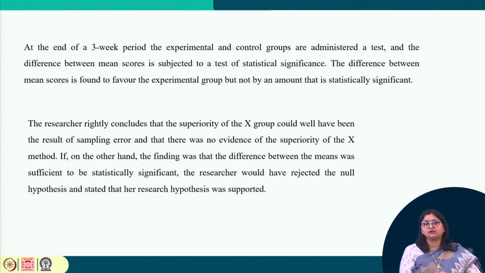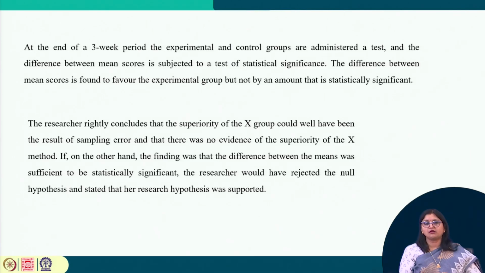The difference between the mean scores is found to favor the experimental group, but not by an amount that is statistically significant. What does this mean? It means that the researcher rightly concludes that the superiority of the X group could well have been the result of sampling error, and that there was no evidence of the superiority of the X method.